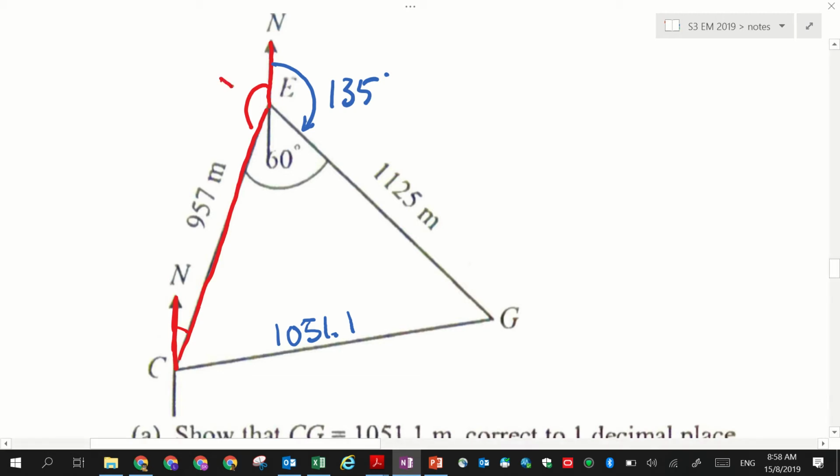Now, how do I find this angle? 360 minus 135 minus 60. So this is 165. If this is 165, then this is 15, right? Do you know why 15? Yeah, okay.